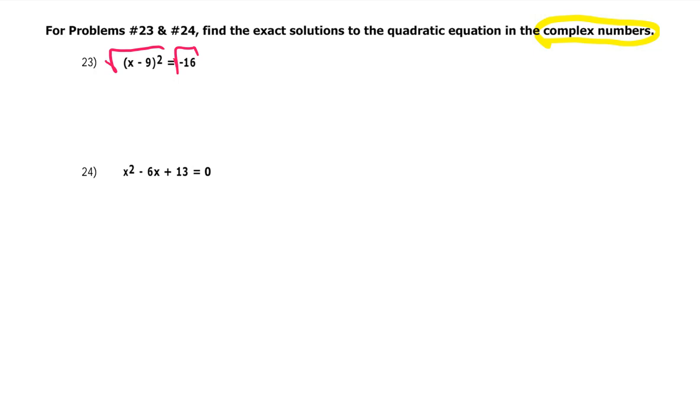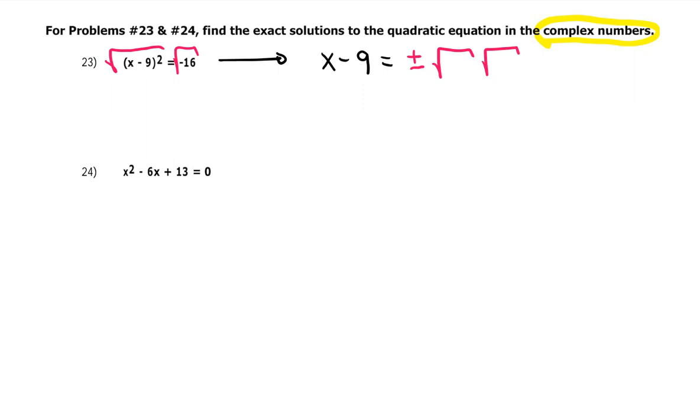Of course the square root cancels off the squared and leaves you with just an x minus 9 on the left side. Now, remember, when you take the square root of the other side, you have to remember to put the plus or minus symbol in there.